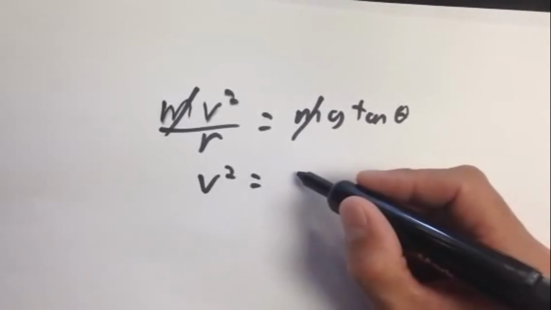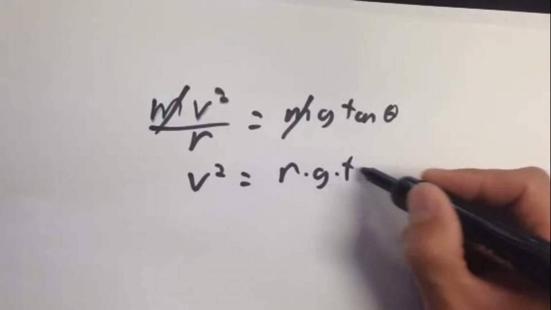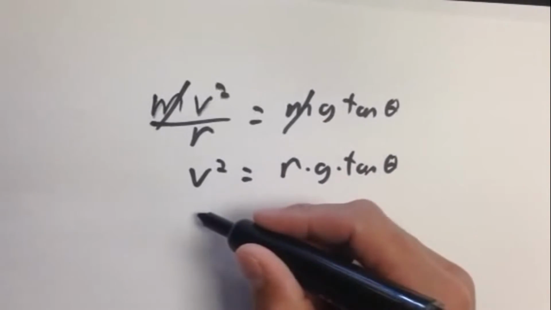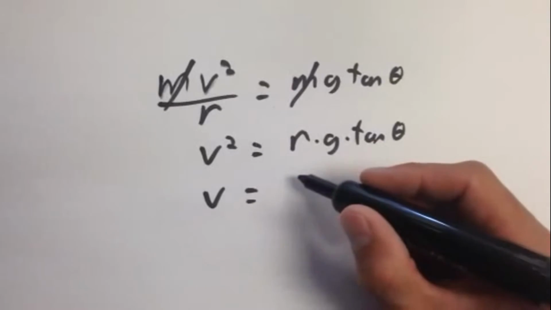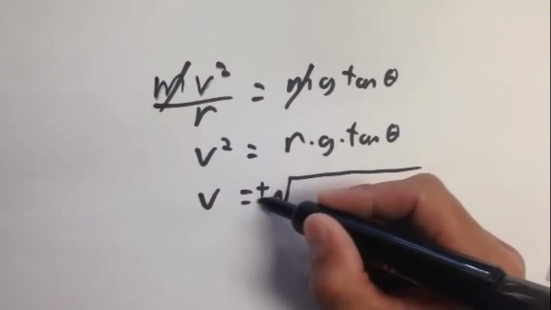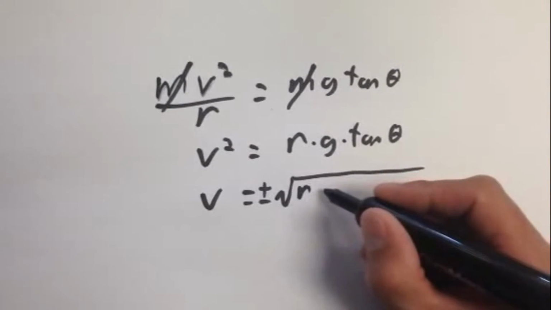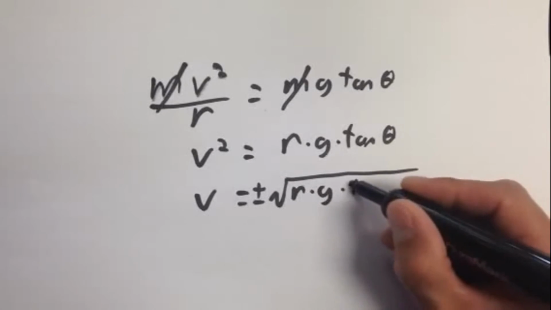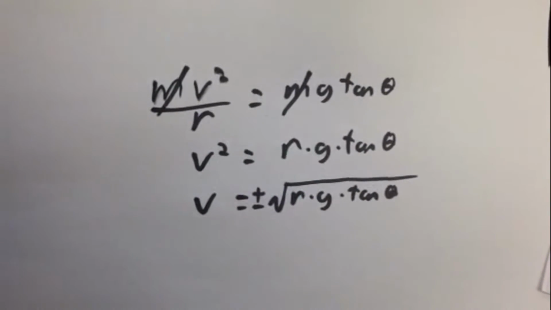V squared is equal to r times g times the tan of theta, making the velocity of Theo on the scooter equal to the square root, that could be plus or minus because this would also work if he was going backwards, of rg tan theta.